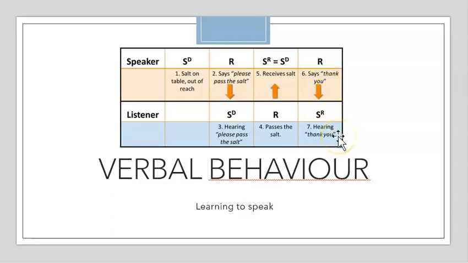And then the listener would hear thank you. So you can see how we're going back and forth here between stimulus and response between two people. And it reinforces the behavior of using your please and thank yous, of doing nice things for others.